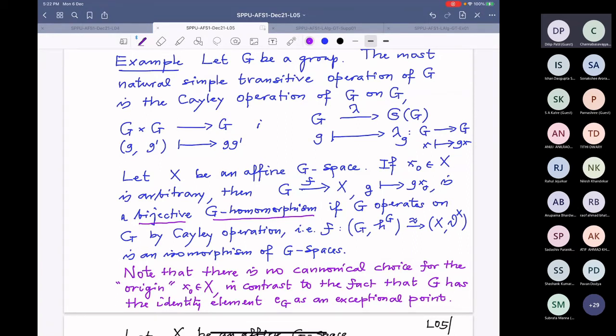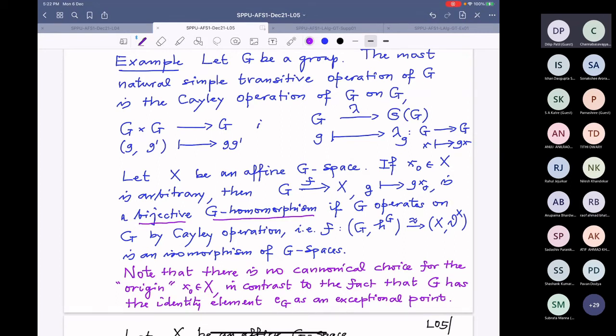Because X is non-empty, that is a part of the transitive definition. So every word I write, you have to have a justification in your mind, no matter how trivial it is. All right, so choose x0 in X arbitrary.